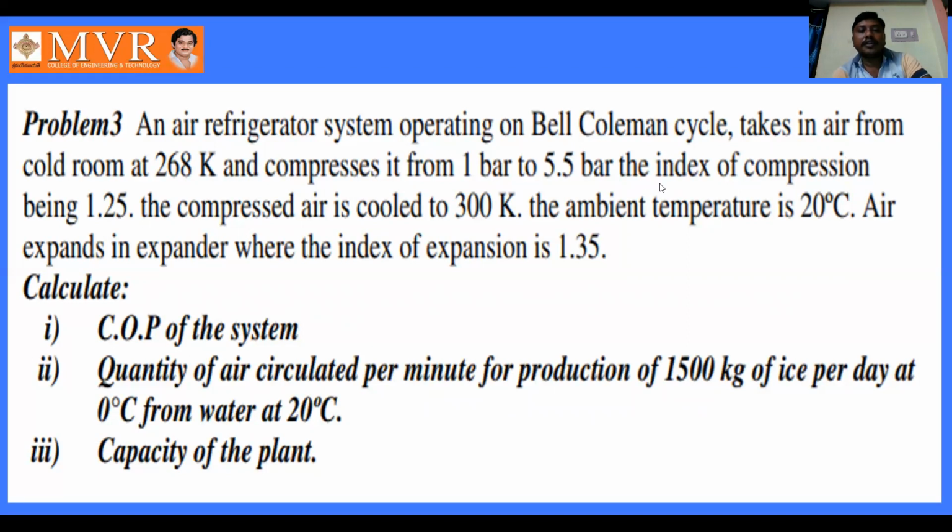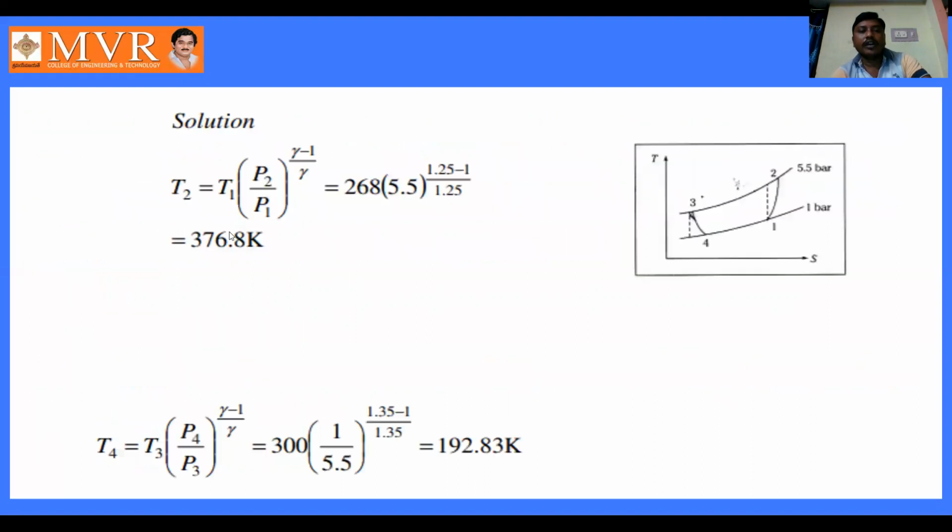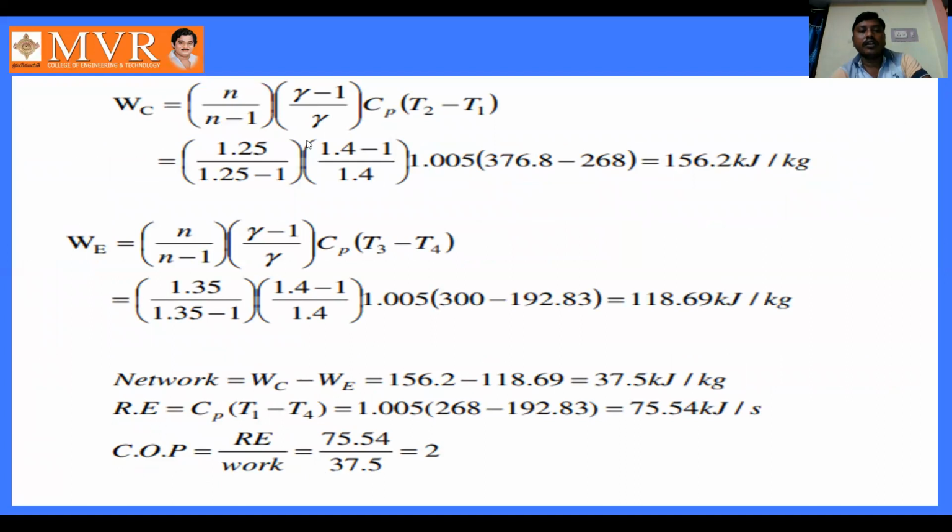When compression takes place, the index should be used here as 1.25, while the general constant for gamma is 1.4. Hence, we are taking gamma minus 1 by gamma with gamma equal to 1.4. And we know Cp, the constant pressure value, is 1.005.